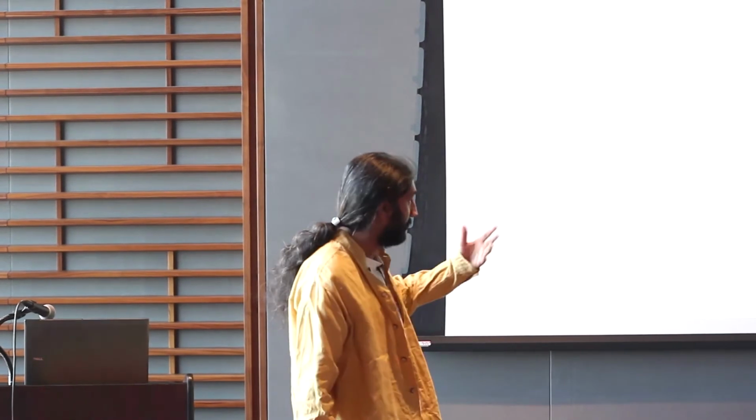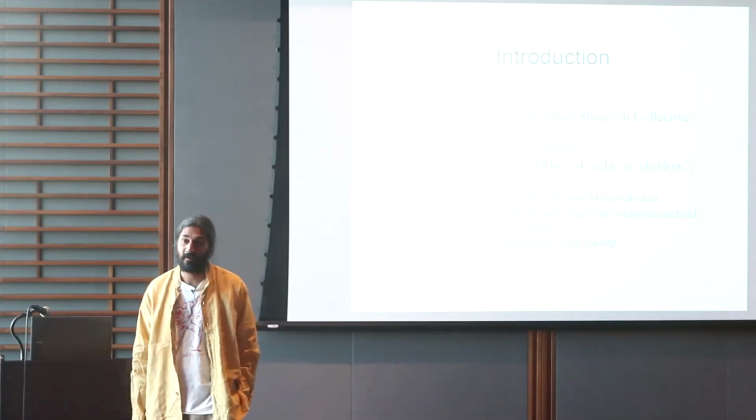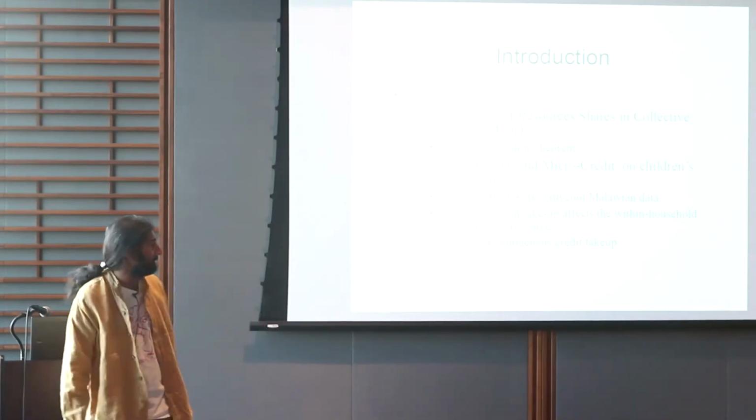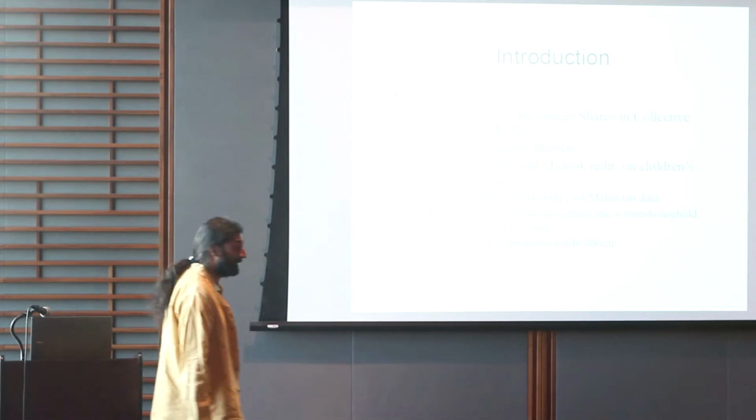And I'm going to bring them to the data with a new investigation of, for us, old data. This is work again with data from Malawi, and the object of interest today is going to be trying to figure out how take-up of credit and of microcredit in particular affects children's resources in households.